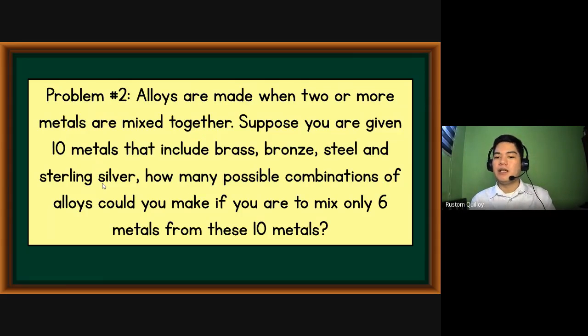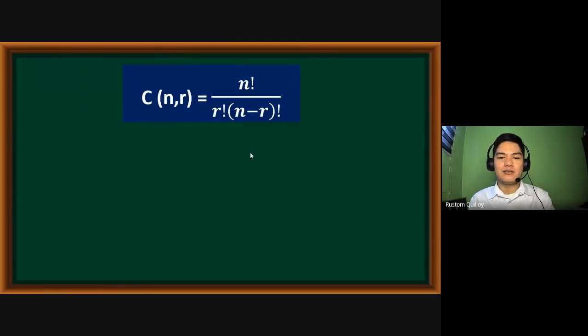Halimbawa, brass, bronze, then steel. Kahit pagbalik-baliktarin ko, steel, bronze, tapos brass, yung alloy na yun pa din ang mabubuo. So, siya ay combination.